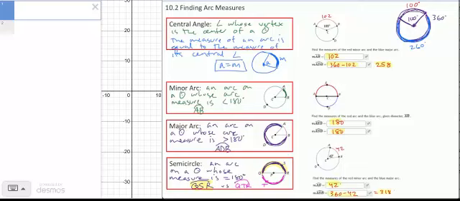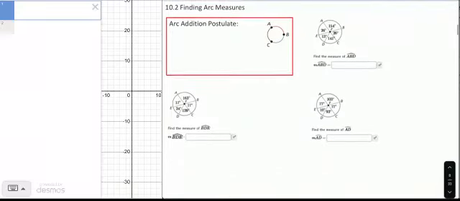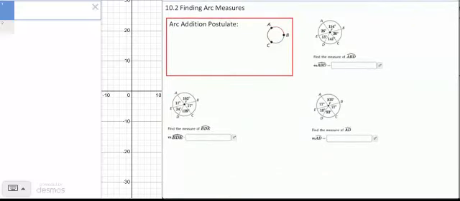Any questions on working with the calculated arcs? Again, arc measure is different than arc length. You will hear both. We'll talk about arc lengths later. It should make sense based on what I just talked about that the total sum of the arc is 360, and that the arc addition postulate works just like segment addition and angle addition.